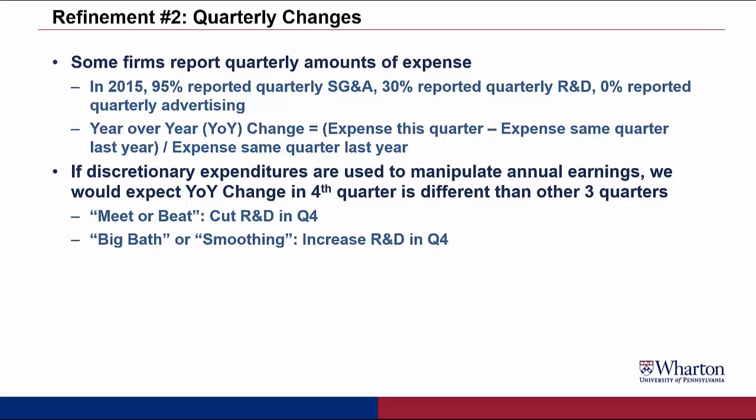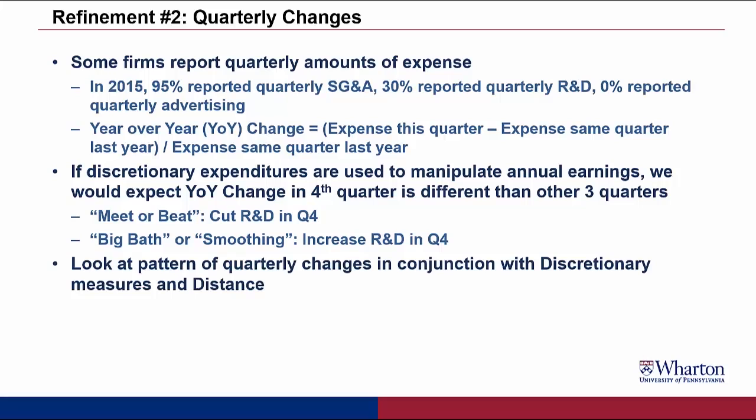Whereas for big bath or smoothing incentives, you might see a big increase in R&D in the fourth quarter as they realize they should accelerate some of these expenditures to make their earnings lower this year, but help their earnings next year. So we want to look at the pattern of quarterly changes in these expenses when available in conjunction with the discretionary expenditure measures and the distance measure to get the most complete evidence on whether there might be manipulation going on.